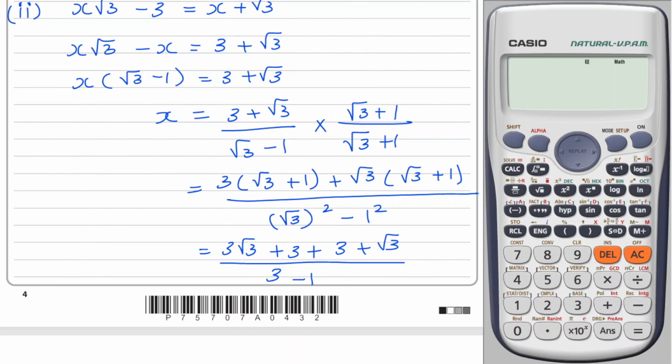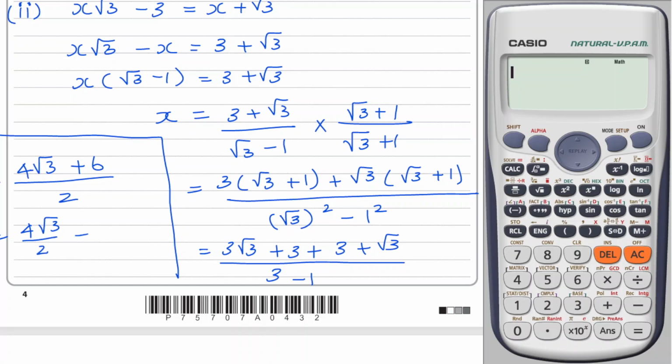So this will be 3 root 3 and root 3 is 4 root 3, plus 6, divided by 3 minus 1 which is 2. Now this 2 is common for the two numbers. So 4 root 3 divided by 2 plus 6 divided by 2 is equal to 2 root 3 plus 3.